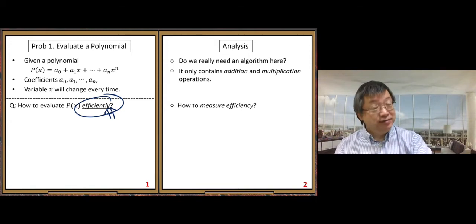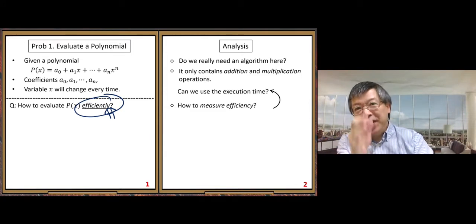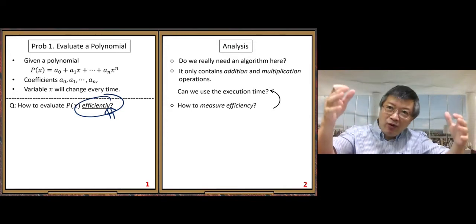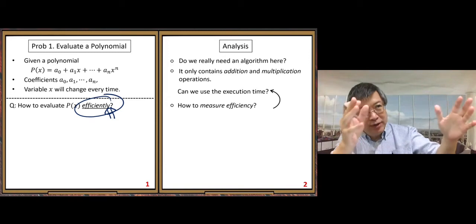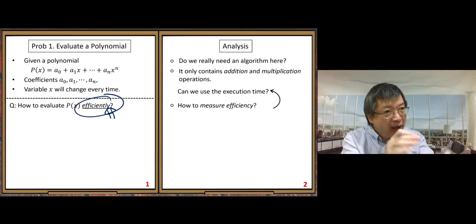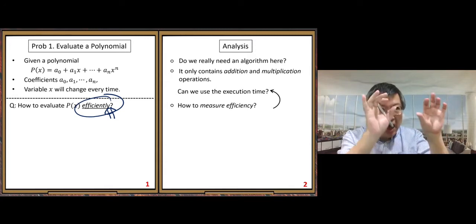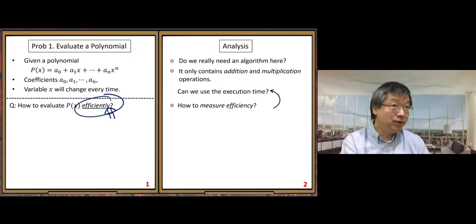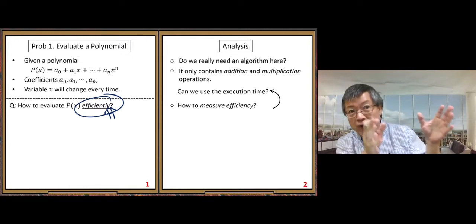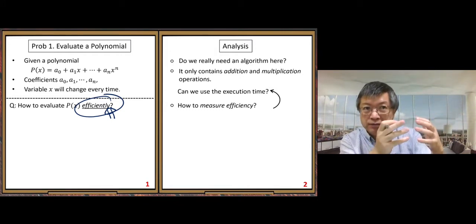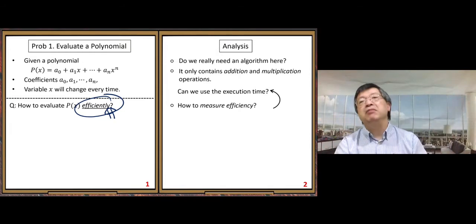First, simple answer, we try. Can we use execution time to measure it? We write a program, we run it on a computer, then we clock it. We have a way to calculate the execution time, right? Yeah, because in our programming language, we can find some special functions that tell us how to calculate the execution time.